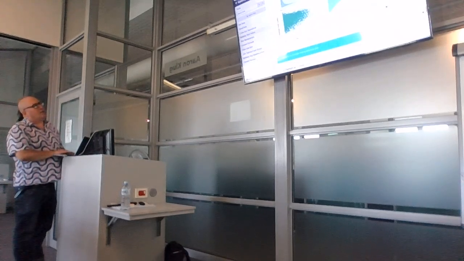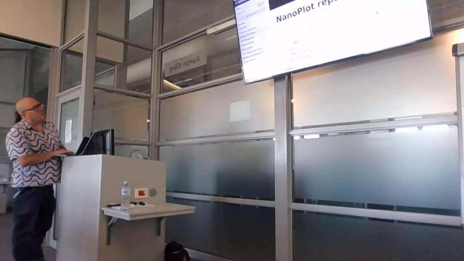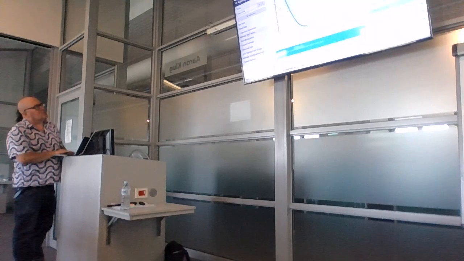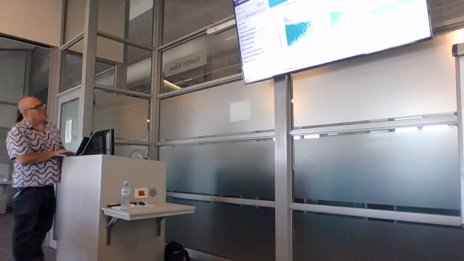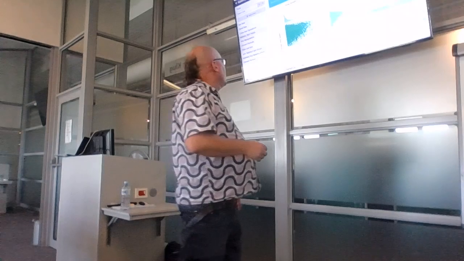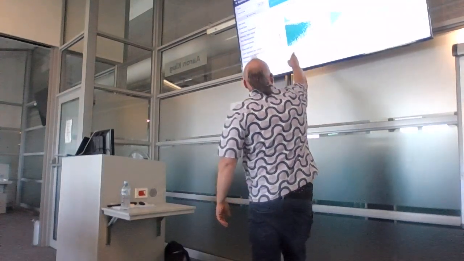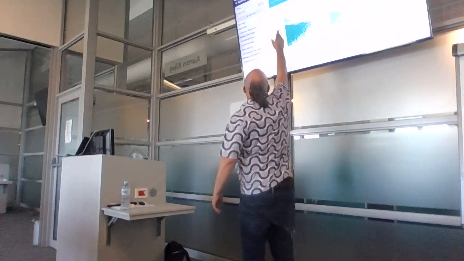So then after I did the Filtlong, I run NanoPlot again. So this is the A42 sample. Now the read quality, you see here the cutoff, there are no very short reads.